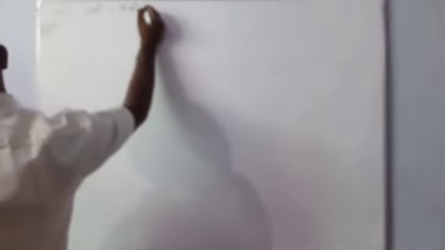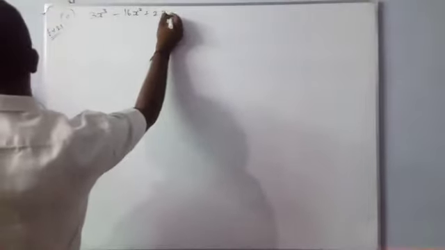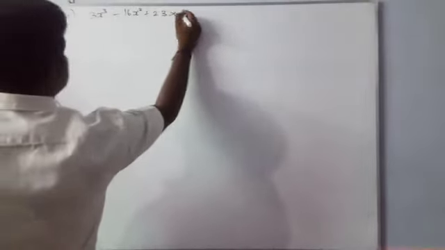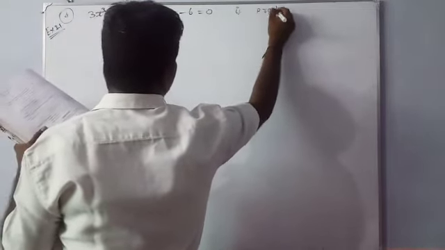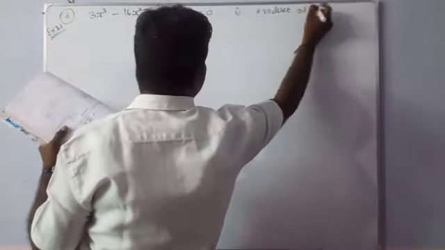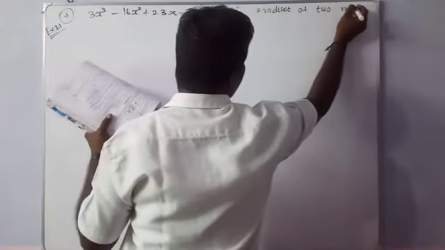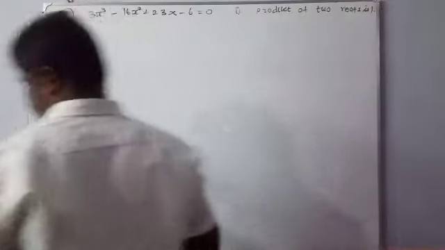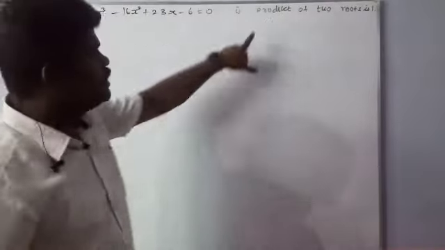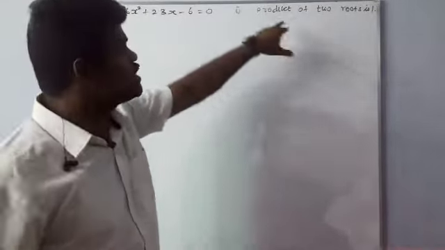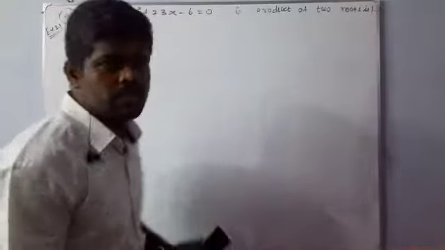Solve the equation 3x cubed minus 16x squared plus 23x minus 6 equal to 0, if the product of two roots is 1. We have to take the roots carefully, because the given condition is that the product of two roots is 1.